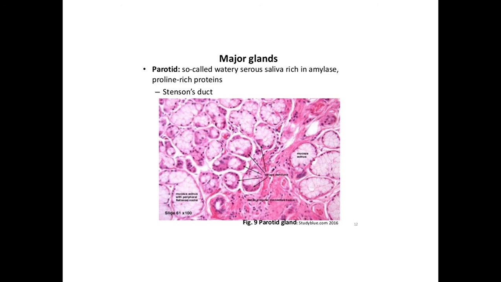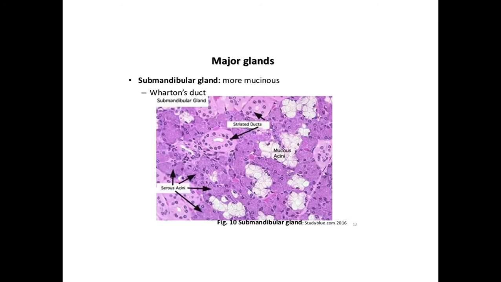We have here another illustration of the parotid gland, which is acidophilic, and it has a secretion which is described to be watery serous saliva rich in amylase or proline-rich protein with a duct system referred to as Stenson duct.